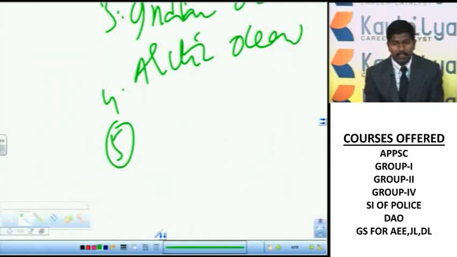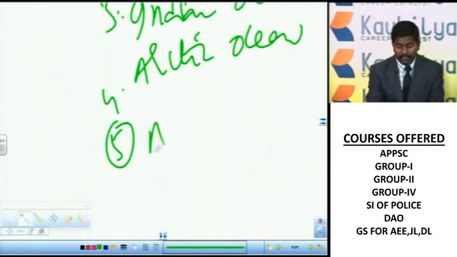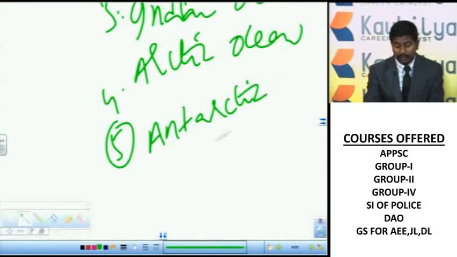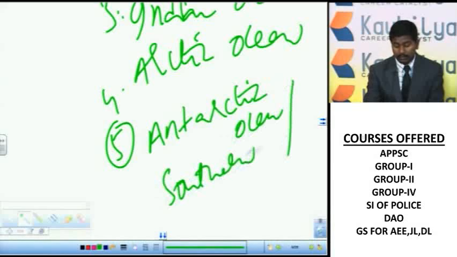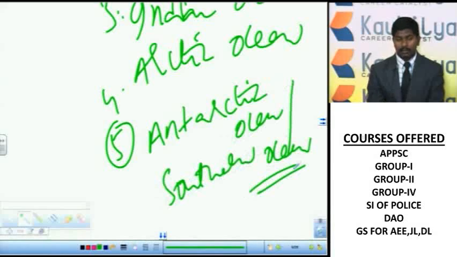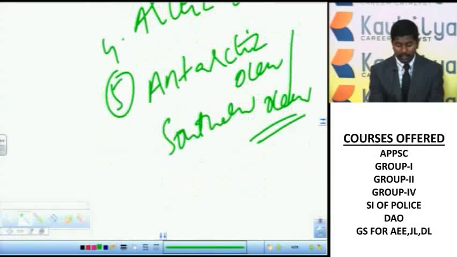So when these waters of the Pacific Ocean, Indian Ocean and Atlantic Ocean get collected over the northern part of Antarctica, it seems to be a new ocean, but it is not a new ocean. It is the Antarctic Ocean, also called the Southern Ocean. So this is how these 7 continents and 4 oceans came into being. With that, the origin of the first order landforms is over.